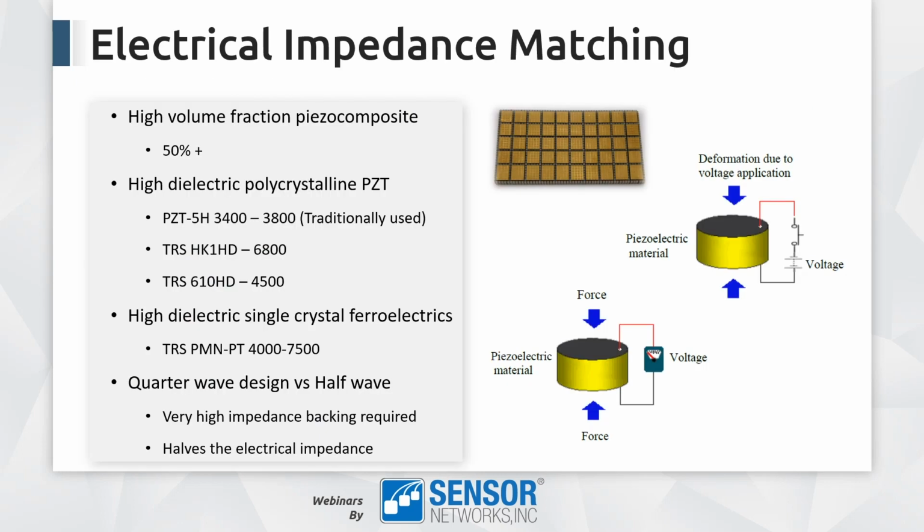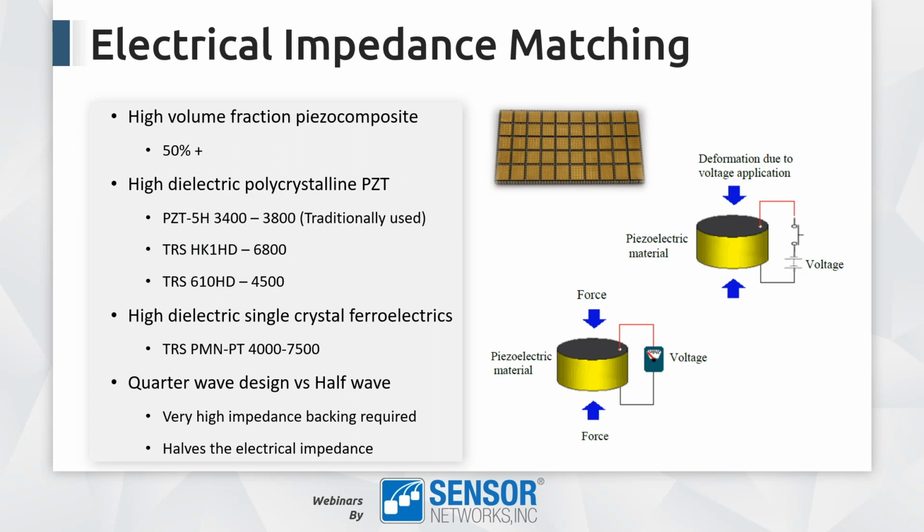Now, as I mentioned, the impedance matching of the elements is also important in the transducer design. The element area is generally much smaller in a matrix array than a linear array, and that causes the poor impedance match that I mentioned. There are several approaches where we can address that. First of all, we often create arrays using piezo composite material, a composite of piezoelectric ceramic, PZT, and polymer epoxy.